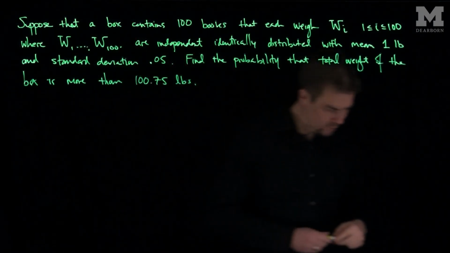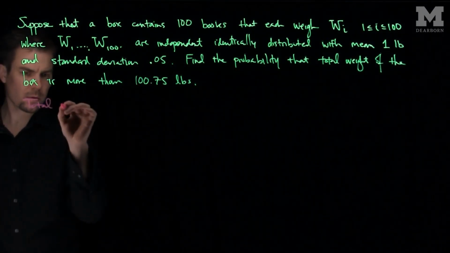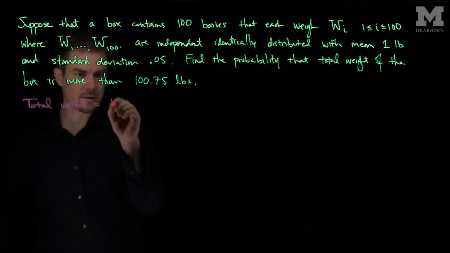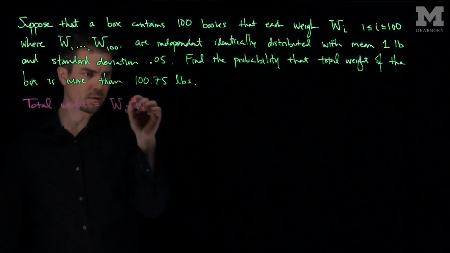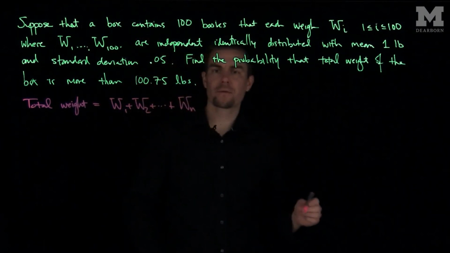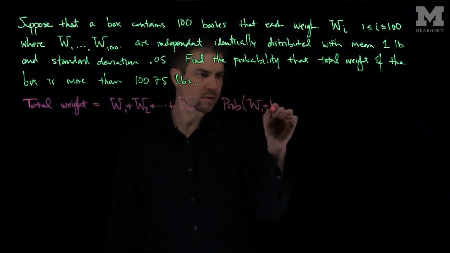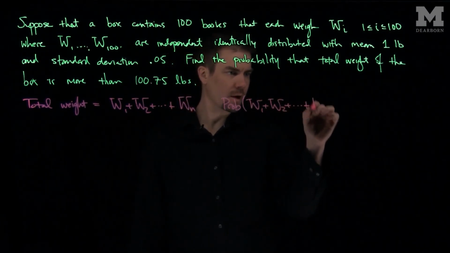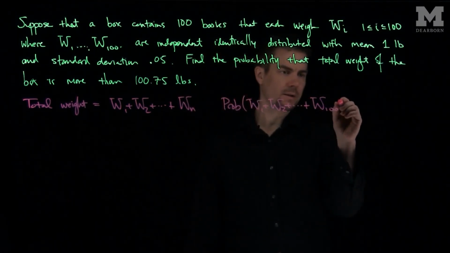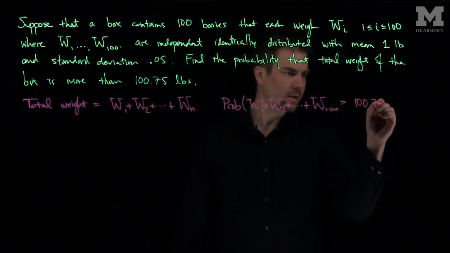So for this problem, we'll note that the total weight is equal to the sum of the weights, so weight 1 plus weight 2 plus weight n. Therefore what we're after is the probability that W1 plus W2 plus W100 is bigger than 100.75.